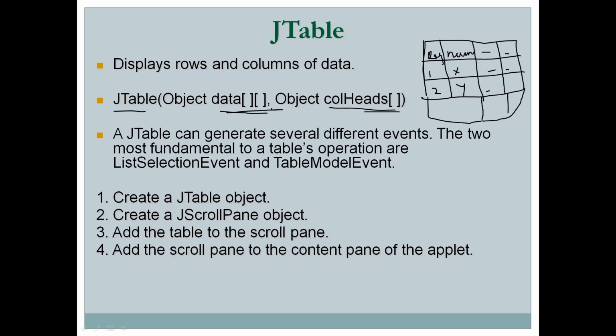We cannot store this information in a single dimensional array because we have multiple rows. So we need a two-dimensional array, where every row is stored as a row and columns are stored in these two dimensions. So the first object is data, a two-dimensional array which contains the actual data to be displayed in the JTable.